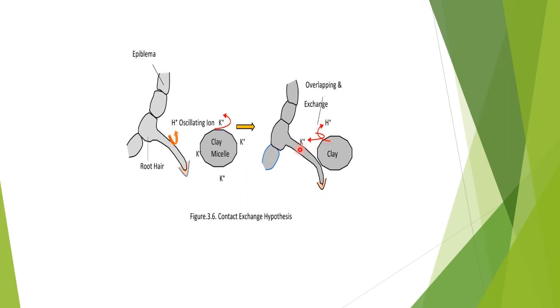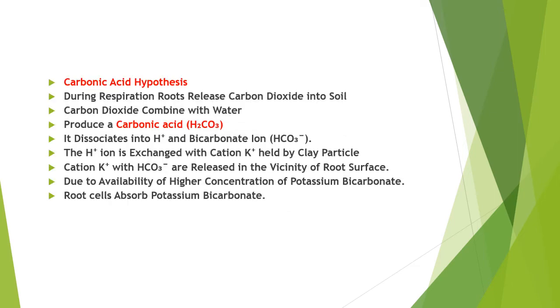That is why it is called ion exchange, and it's explained by means of the contact exchange hypothesis. That is, when contact is established between the root and the clay, there can be an exchange of ions, that is, a cation can be exchanged with a cation. So this is called the contact exchange hypothesis.